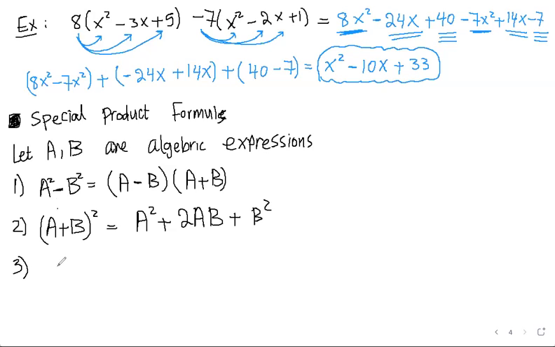Number 3, here it works for minus. A minus B squared is equal to the first one squared minus 2 times the first times the second plus the second squared.